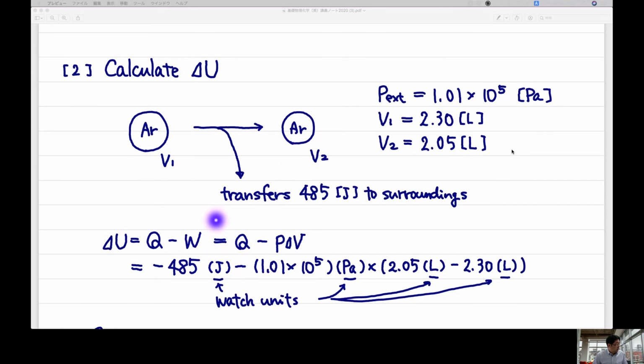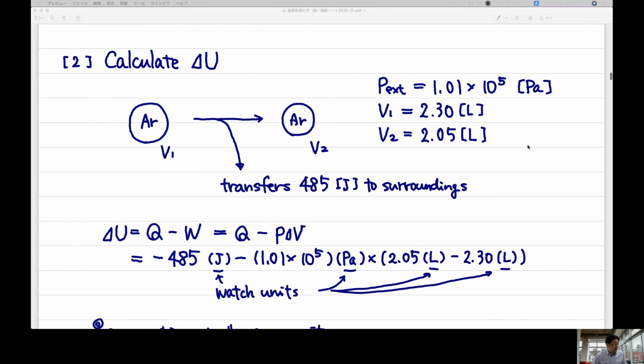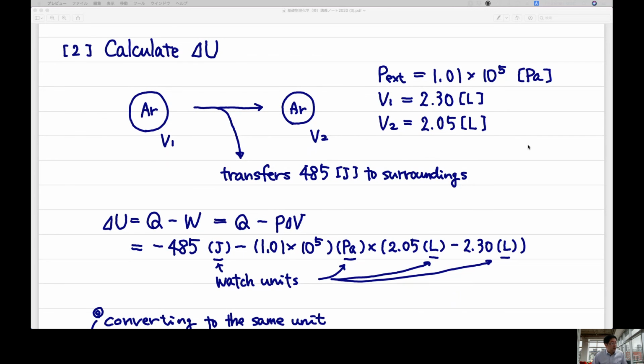So W can transform to P delta V. So you can express the difference of the internal energy as equal to Q minus P delta V. Then you can easily calculate the change of the internal energy by this equation and these values.